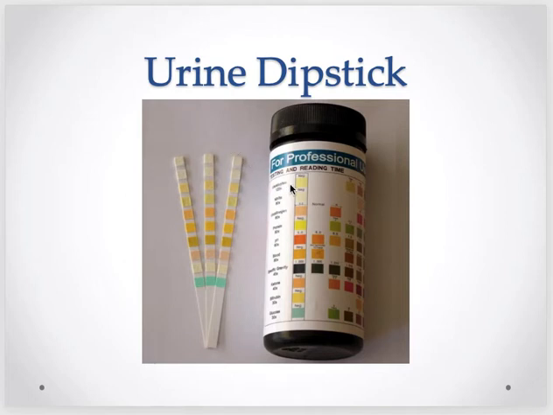If you can see over here, of course it's hard to read, but it says leukocytes, then nitrite, then urobilinogen, then protein, then pH, then hemoglobin, specific gravity, ketones, bilirubin, and glucose.